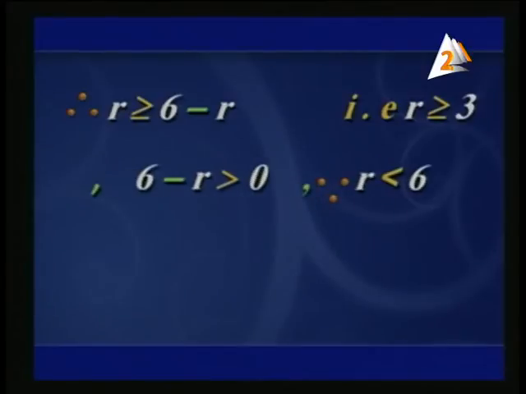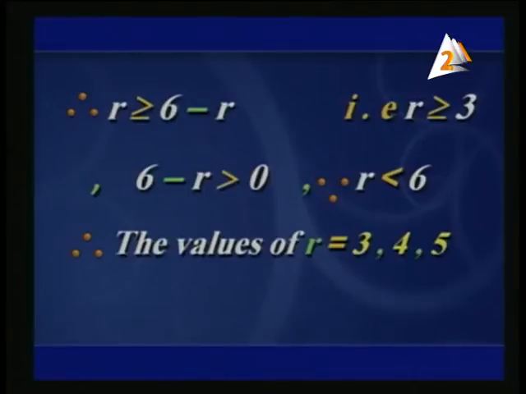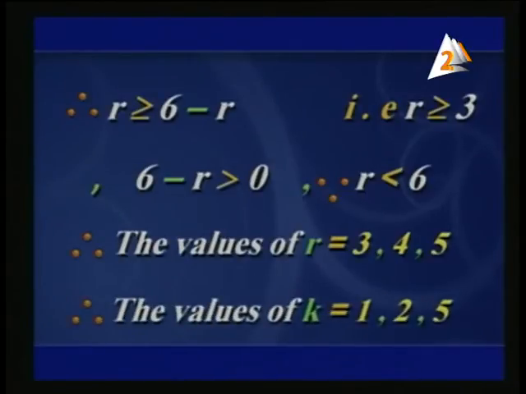Therefore, 6 − r is greater than 0, and since r is smaller than 6, therefore the values of r equal 3, 4, and 5, and the values of k equal 1, 2, and 5.